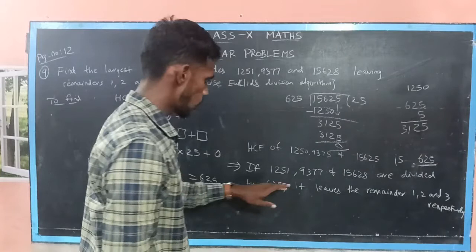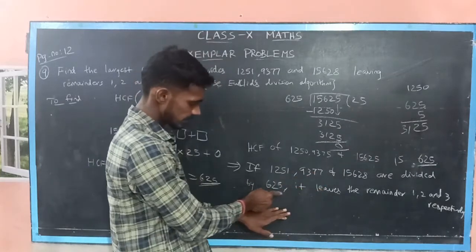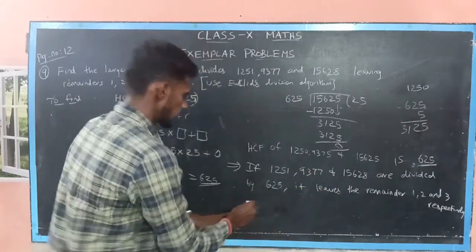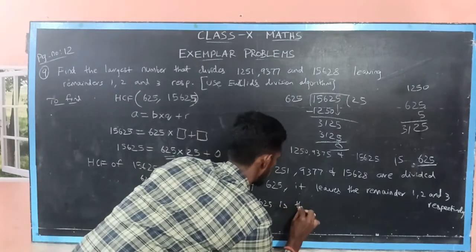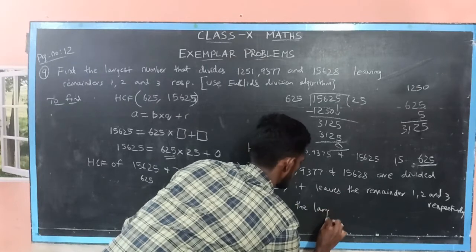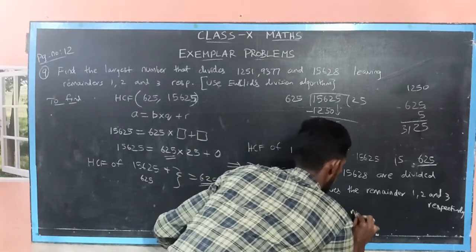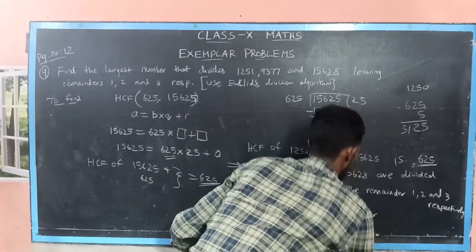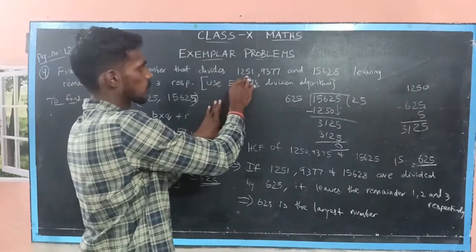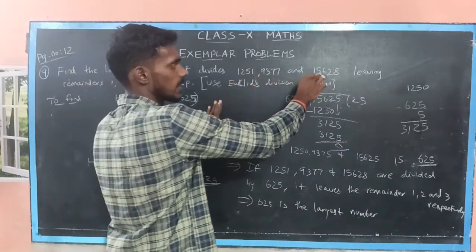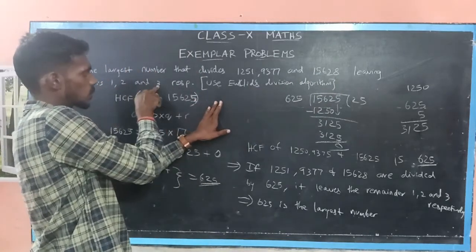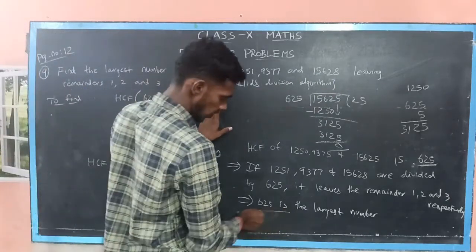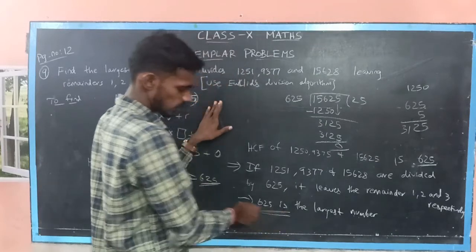Okay, so we have found that number, right? That is 625. So 625 is the largest number that divides 1251, 9377 and 15628 so that it leaves the remainders 1, 2 and 3 respectively. So the largest number here is 625.